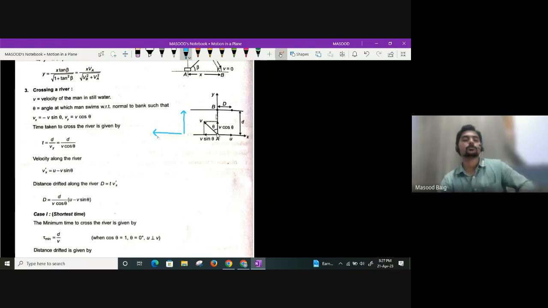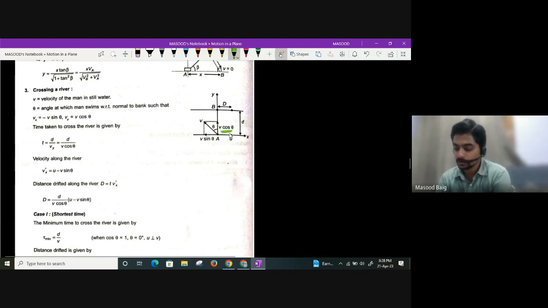It should be in the y direction. Which components of velocity will give us motion in the y direction? Y components only. X components will not help us, guys. So the man is trying to swim making an angle theta with the vertical, and I've resolved this velocity into two components: v cos theta and v sin theta.